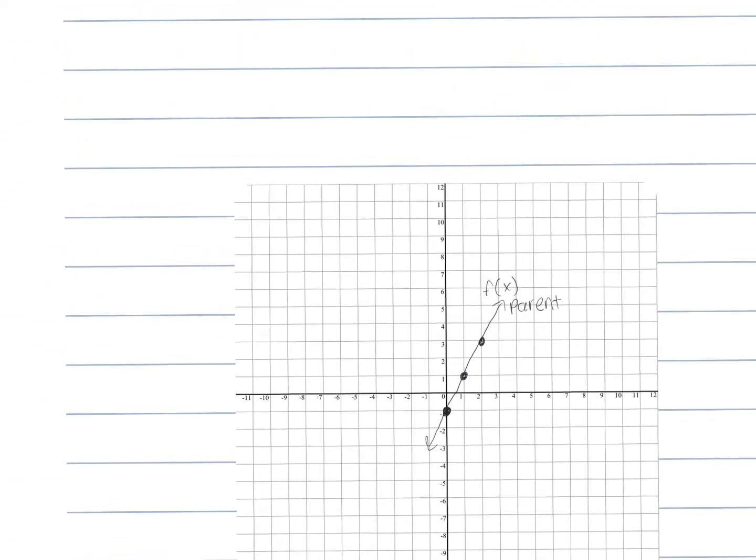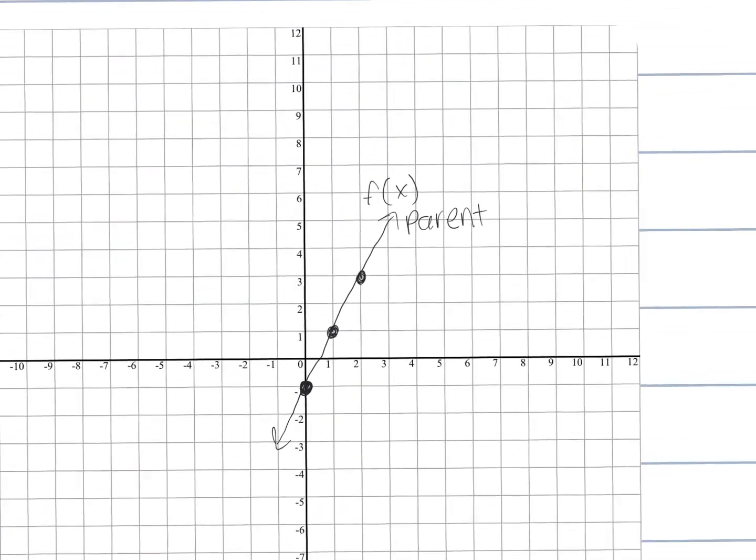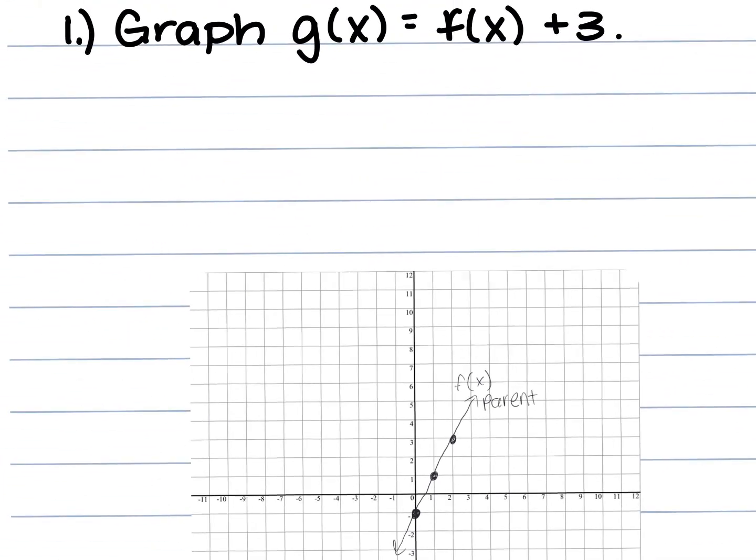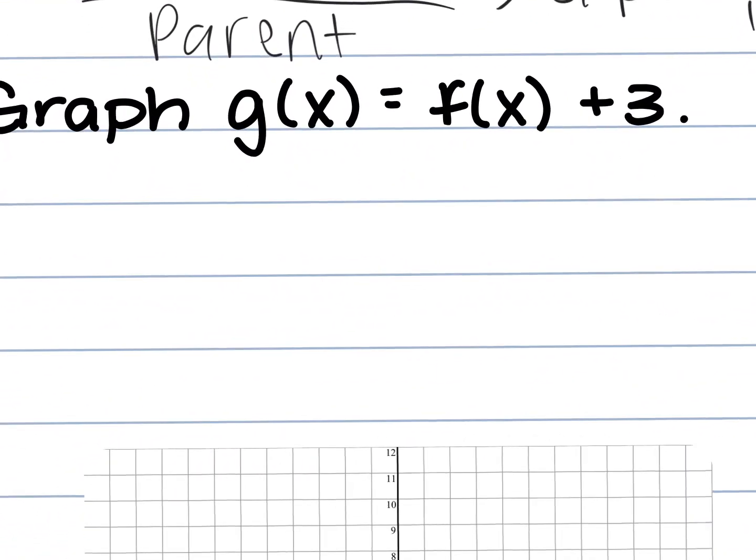The second, which is going to be in blue, is going to be our transformation. Okay? All right. So go back up and look at g of x. Underline it in blue and label it your transformation.